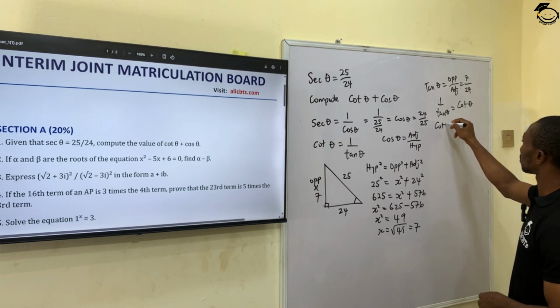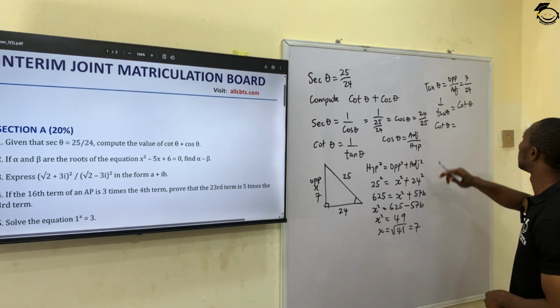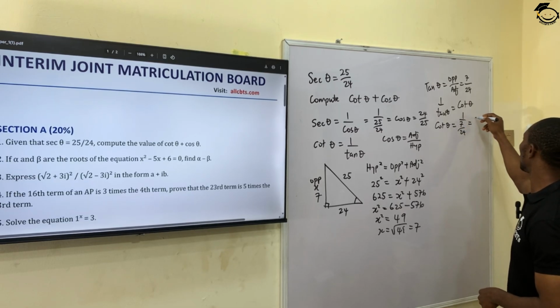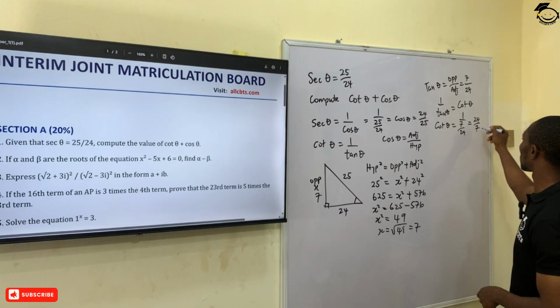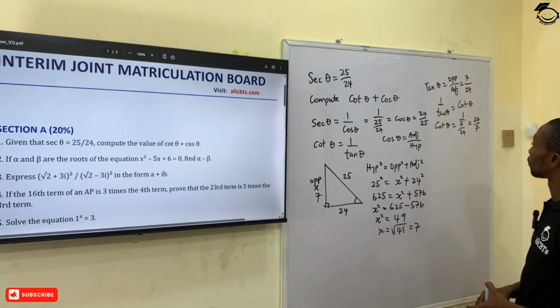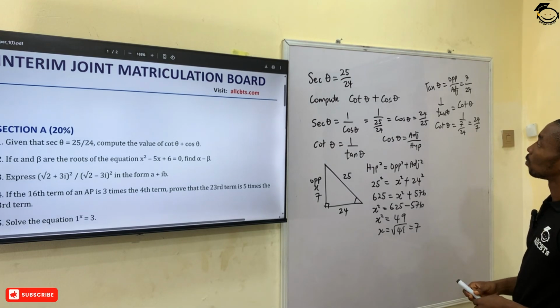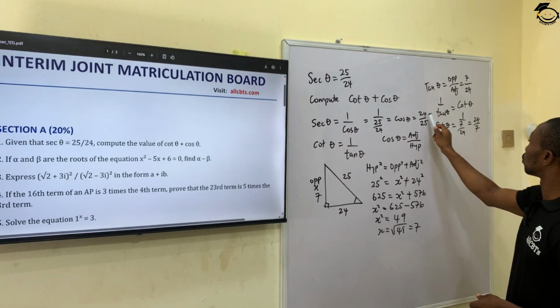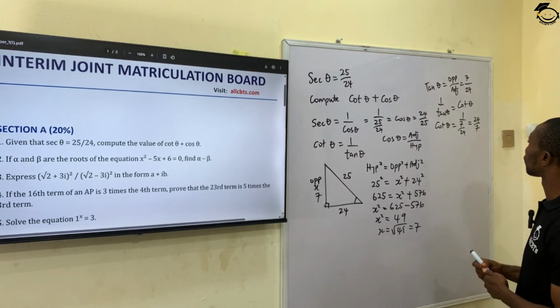So our cot theta equals 1 over 7 over 24, which will give us 24 over 7 as our cot theta. Okay, now cos theta we already know is 24 over 25.